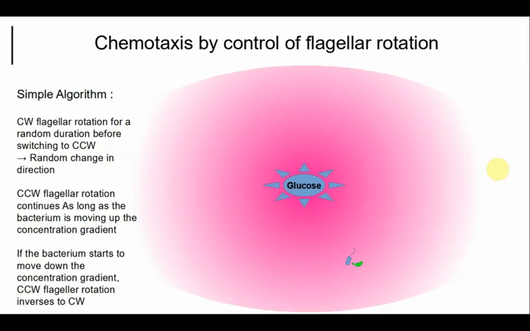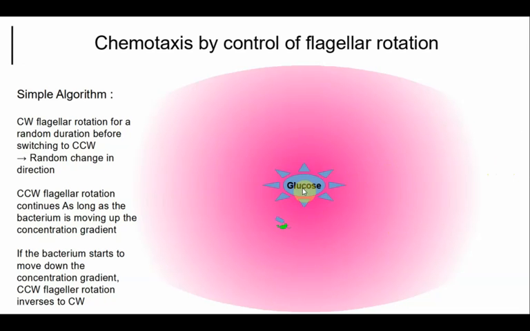The sense of the rotation of the flagellum is going to switch, and then you'll get a random change in direction, and then off it will go, start moving in a straight line again somewhere.